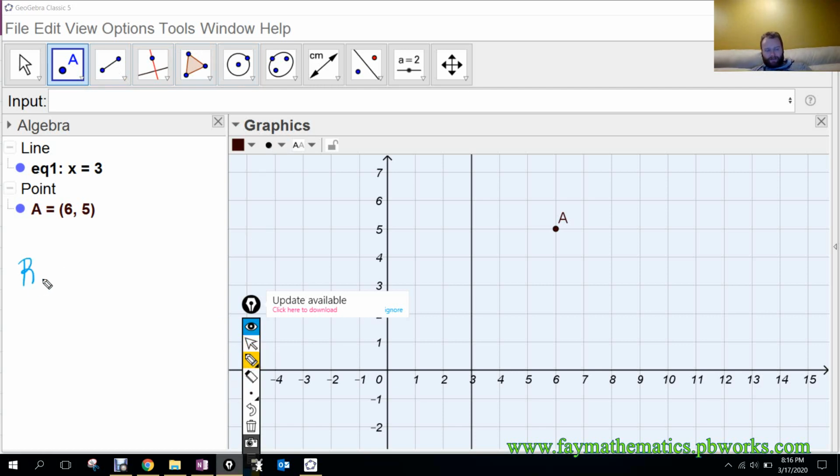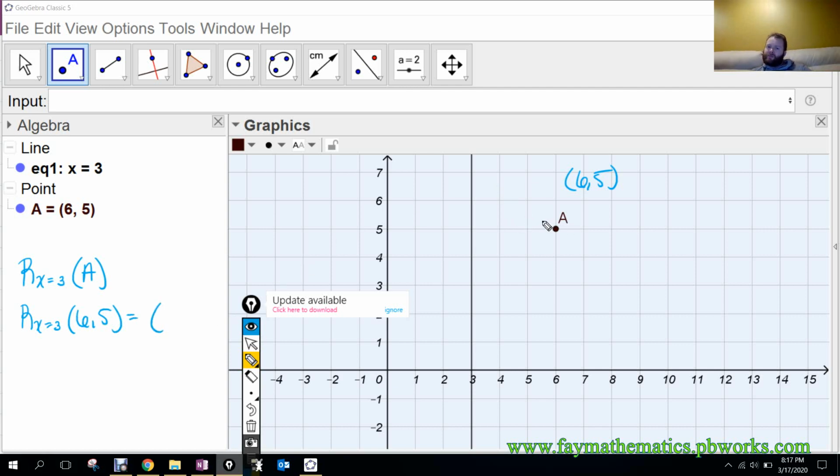So we'll go reflect across the line x equals 3. The point A, so you might see it written this way. And then I've got to find what A's coordinates are. They're 6 comma 5. Or you might see it written reflect across the line x equals 3. The point 6, 5. What is that going to become?